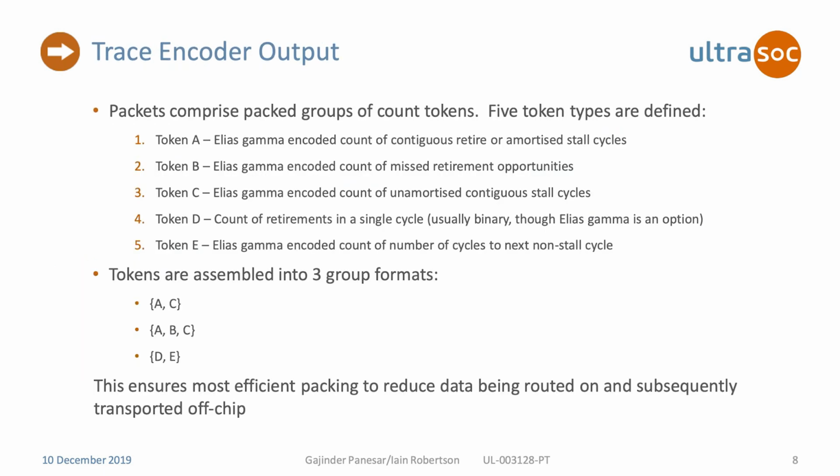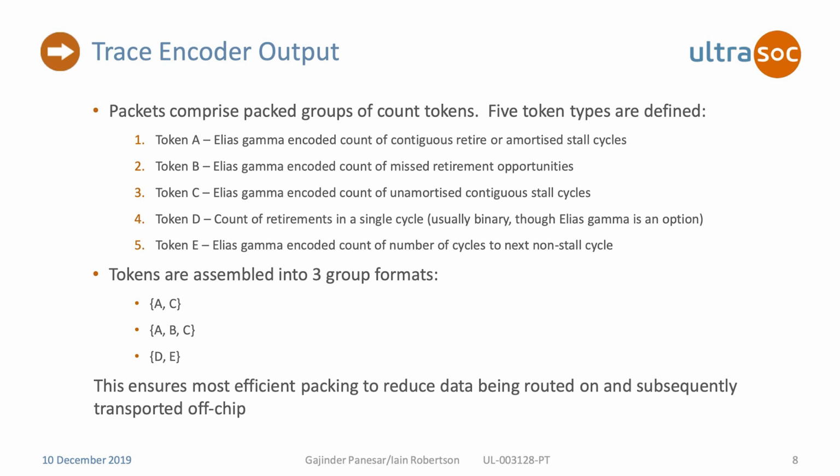Okay, so I talked about pairs of numbers. In fact, in our encoder we have 5 different number or count tokens, as we call them, imaginatively called token A, B, C, D, and E. I'm not going to go into the details of how they're defined just here. I've got some examples on upcoming slides, which I think will make it clearer.